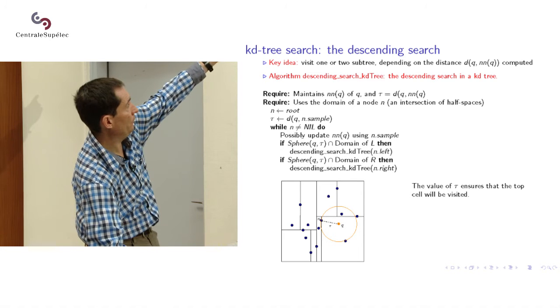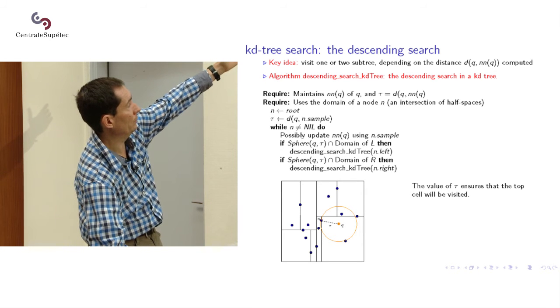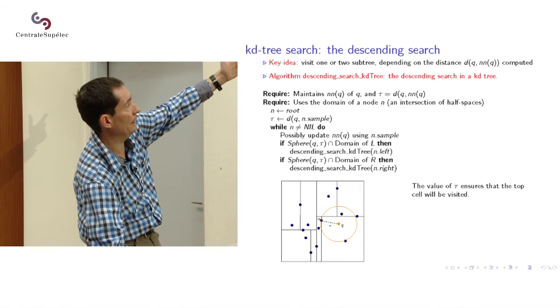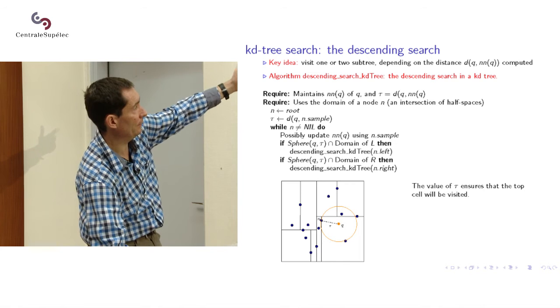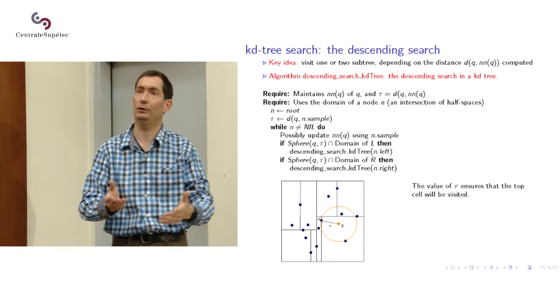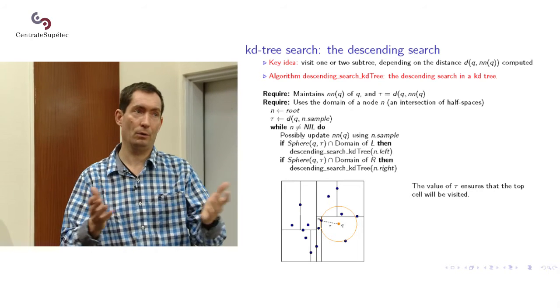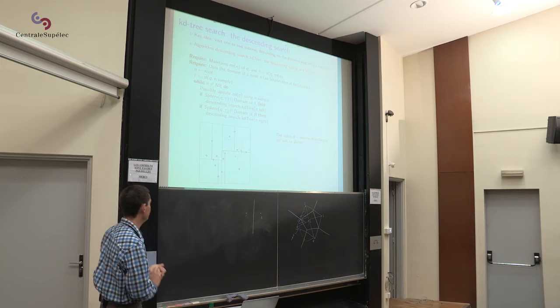But of course, now if you are checking the condition, does the ball centered at Q and of radius tau intersect the domain of the second subtree? Here the answer is yes, and you are going to step into this region. And so this way, you know for sure that you are going to collect your nearest neighbor.